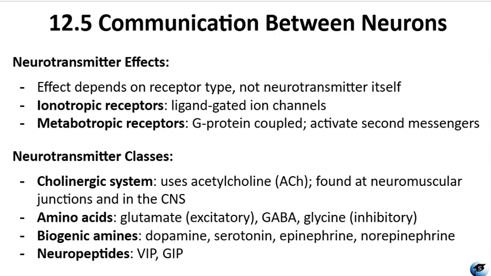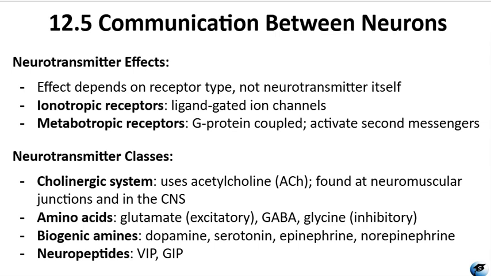Neurotransmitters are chemically diverse and fall into several key classes. The cholinergic system uses acetylcholine, which functions as an excitatory neurotransmitter at the neuromuscular junctions and in certain areas of the nervous system. Amino acid neurotransmitters include glutamate, which is excitatory, as well as glycine and GABA, which are inhibitory.